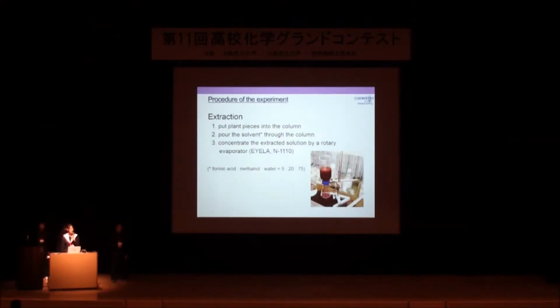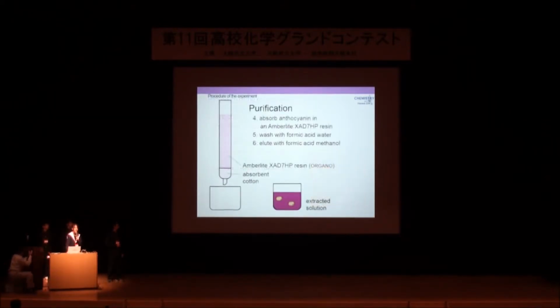We conducted the experiment on the solidification as below. First, we put plant pieces into the container made of PET bottle. Then, we poured mineral water solution which contained 5% formic acid into the container to extract anthocyanin. Formic acid maintained the acidity of anthocyanin. After that, we concentrated the extracted solution by rotary evaporator. Next, we passed it through an Amberlite XAD7HP resin column and absorbed anthocyanin in the resin.